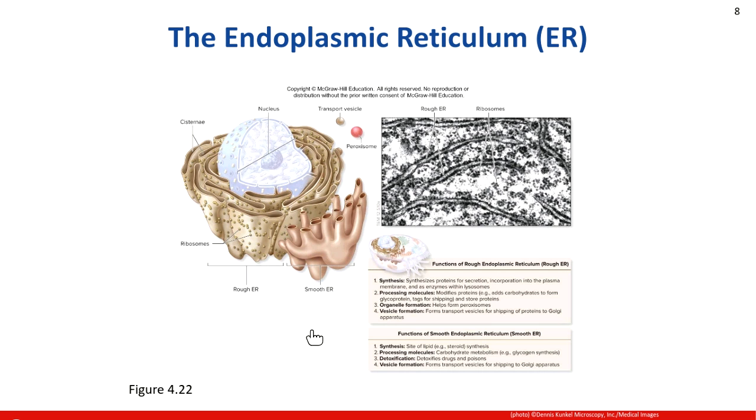Steroids are hormones that your body, I won't say requires, but will make, especially in males, like testosterone, for example. And then finally, when the liver has all that stored glycogen in it, and it's time to make more, or break it down but make more, it will be made there also in the smooth endoplasmic reticulum.